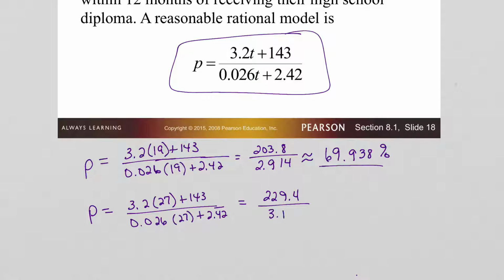And I get 3.122. And so 229.4 divided by 3.122 is about 73.5%.